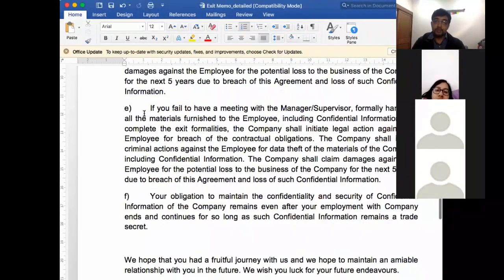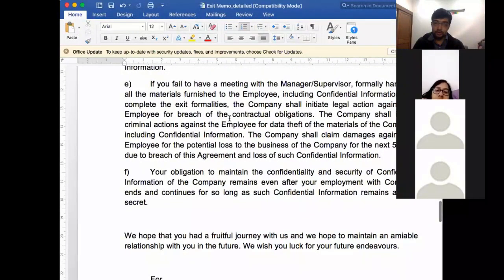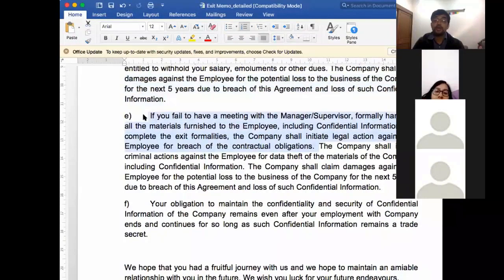And if you fail to have a meeting with the manager or supervisor or do all the formal handover, the company will initiate legal action against you for breach of contractual obligations. Now, how is it saying this? Which is the contractual obligation they're talking about? Assume the employee doesn't sign this. He reads this line and refuses to sign this. Then which is the contractual obligation we are speaking about?